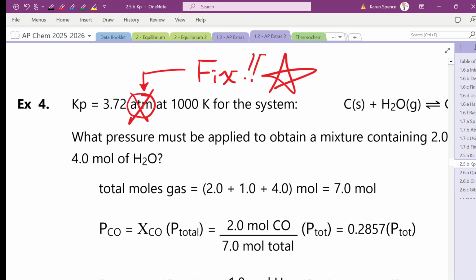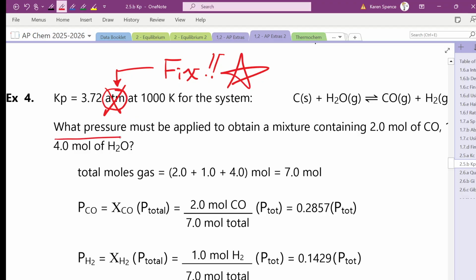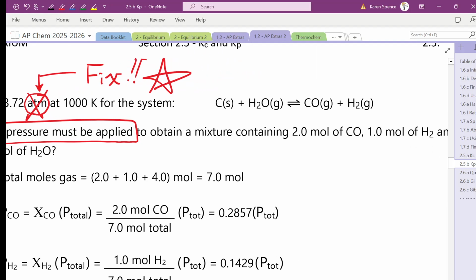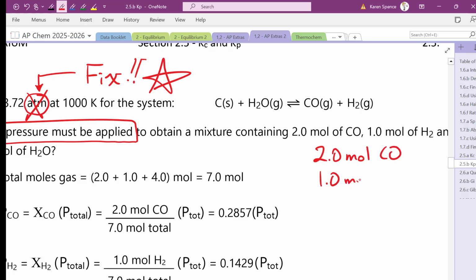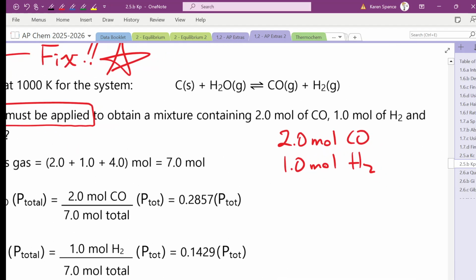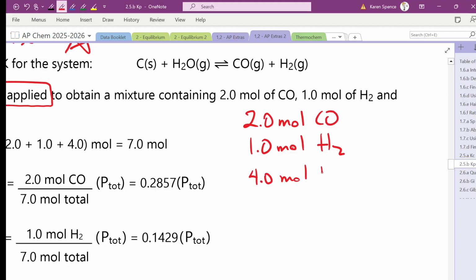What pressure must be applied to obtain a mixture containing 2 moles of CO, 1 mole of H2, and 4 moles of H2O?